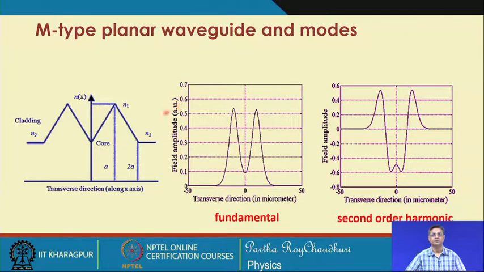So, we can see from here that the modes of the structure for various kinds of optical waveguides follow a similar route, the only difference being that the profile decides how sharply or how slowly the fields fall across the core cladding interface.